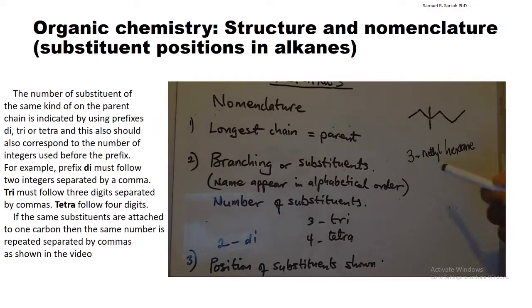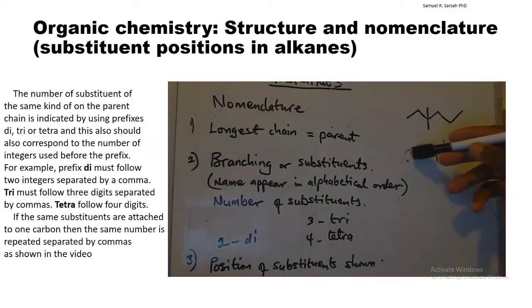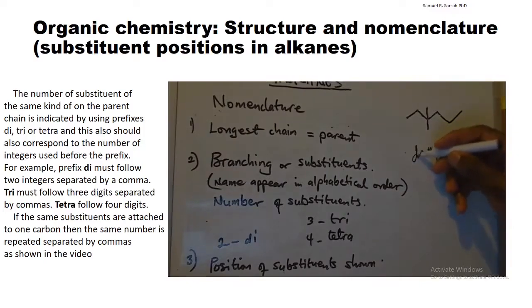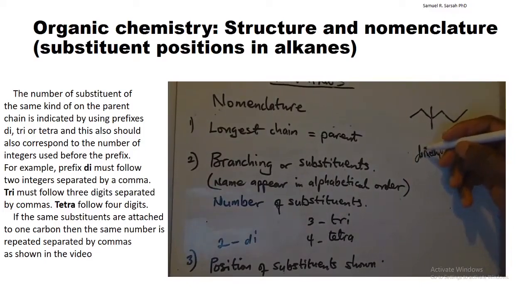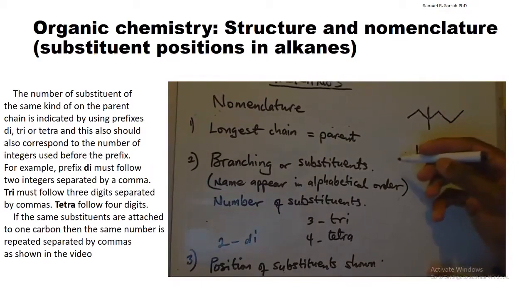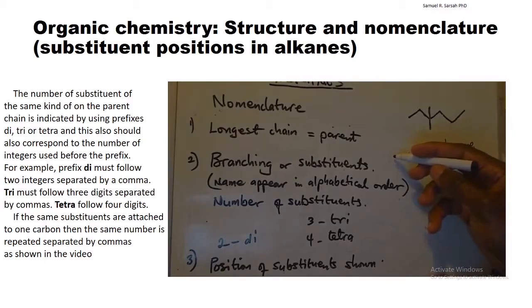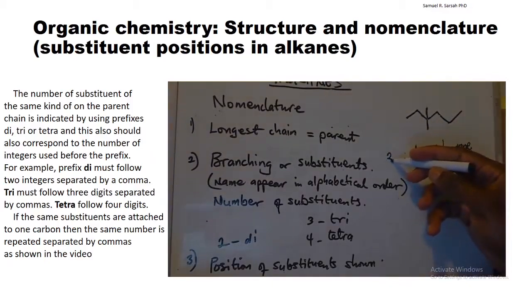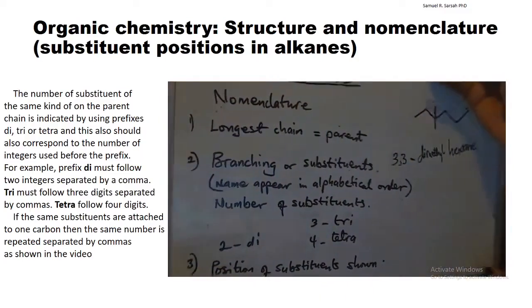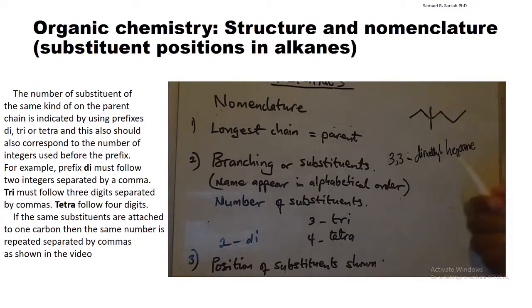So the proper name for this will be dimethyl. And all of them are on carbon number 3, so we need to write 3 again. So the name of this compound is 3,3-dimethylhexane.